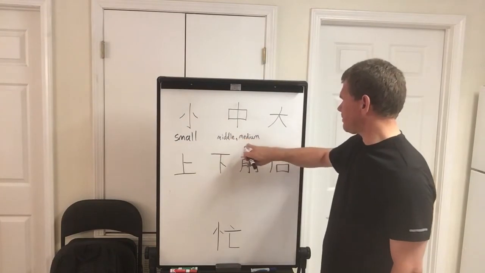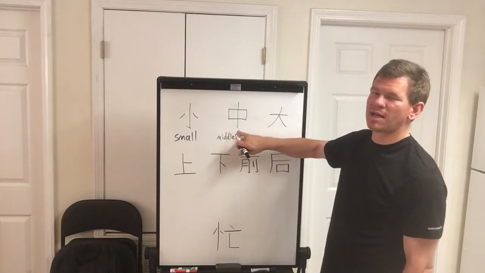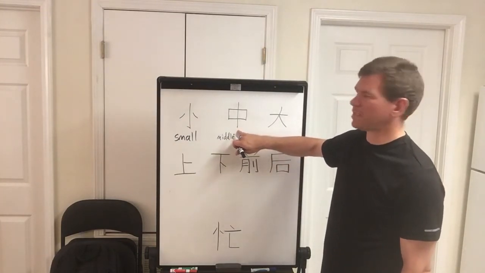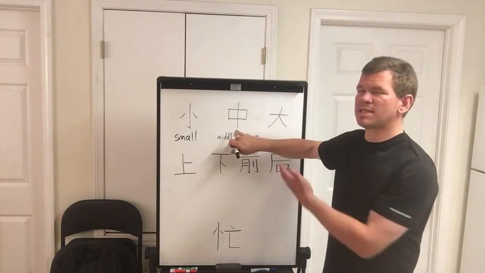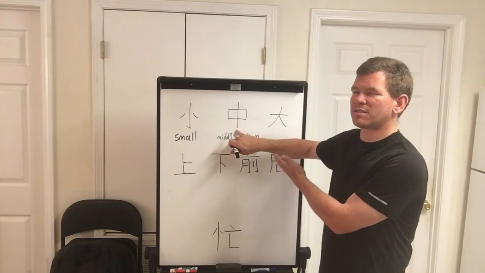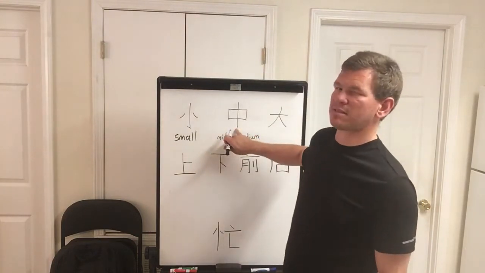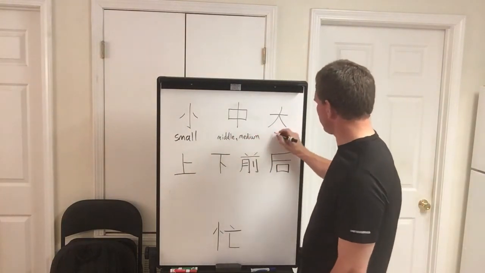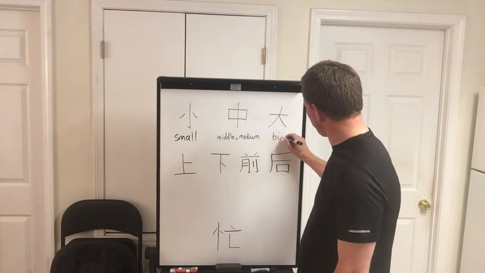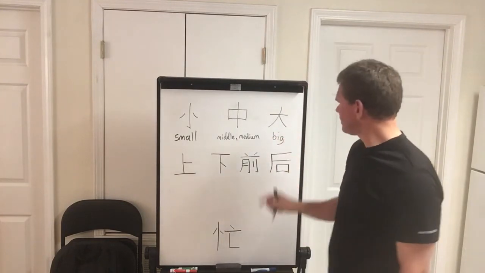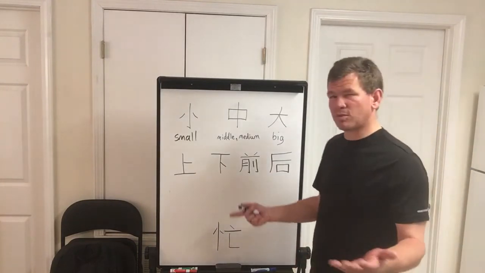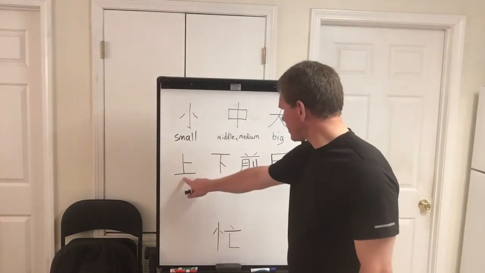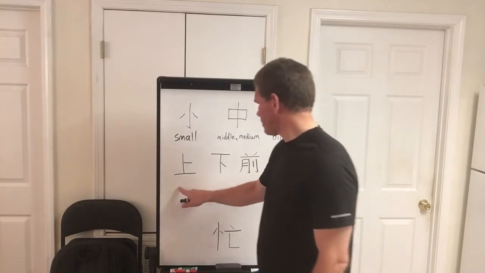Middle or medium, so like a middle size or in the middle of something. So that in a way can be used as a directional character, but it's also size. This one is big. That means big. Large or big.